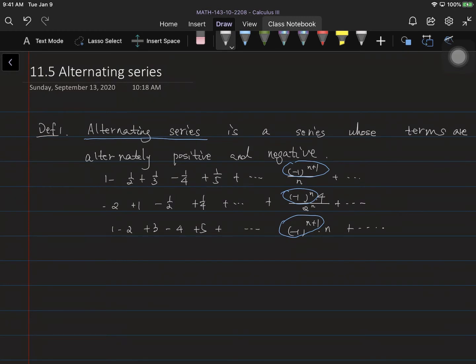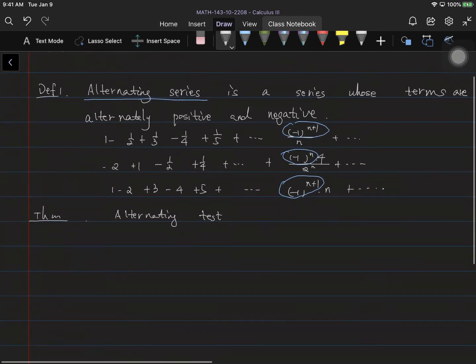Okay, and next, let's take a look at the alternating test. It's given by a theorem. The alternating test includes 3 parts.